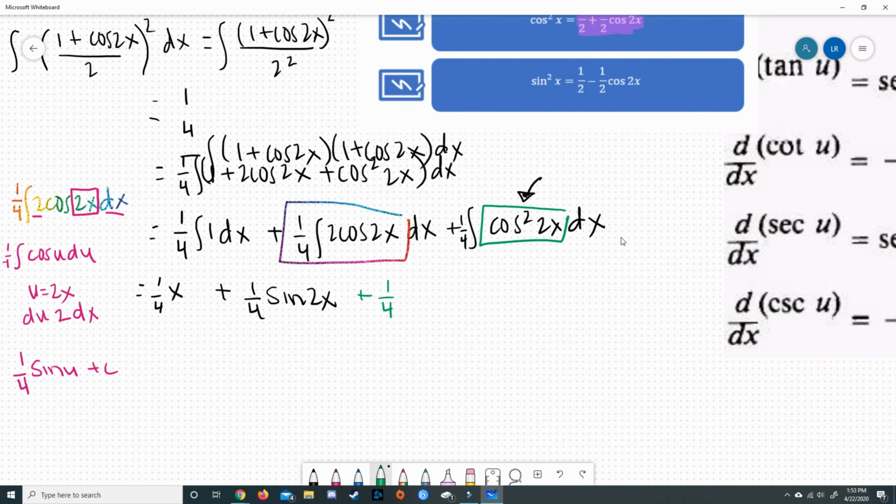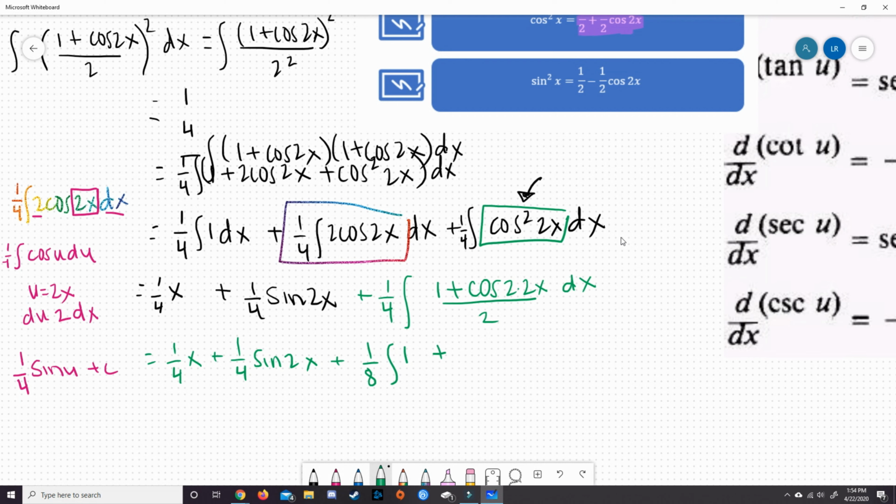This is going to be plus 1/4 times that cosine squared, which we know is the same thing as (1 plus cosine of 2x) over 2, but with 4x. I can move that 2 out, and I get 1/8. Then I can break this up: 1 plus cosine of 4x.